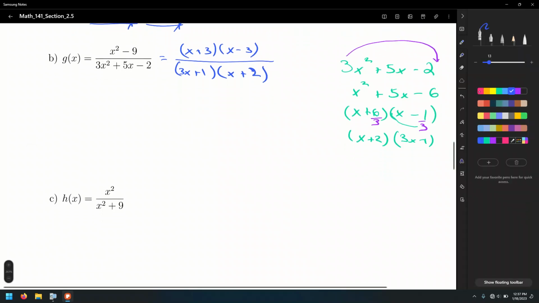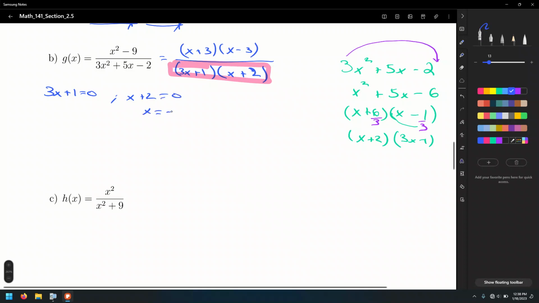In this case, we care about the denominator. That's the part that we will set equal to 0. That is 3x plus 1 equals 0, and x plus 2 equals 0.